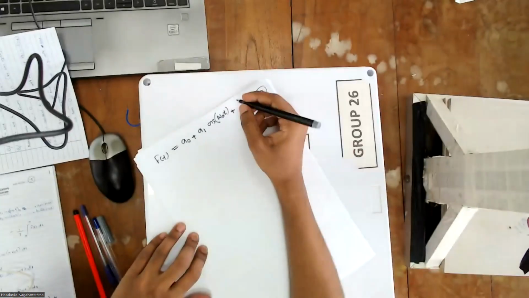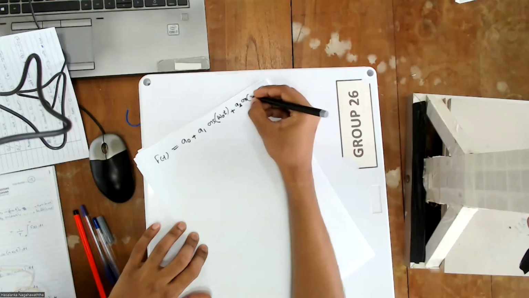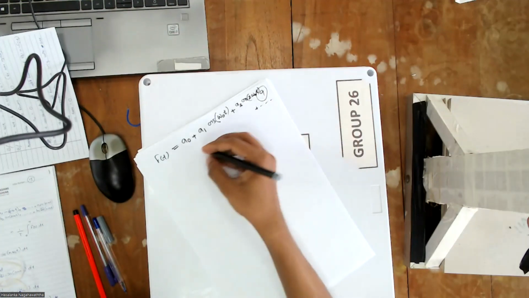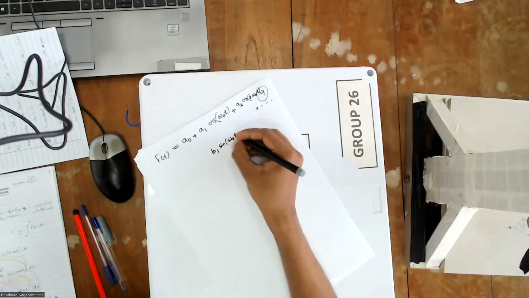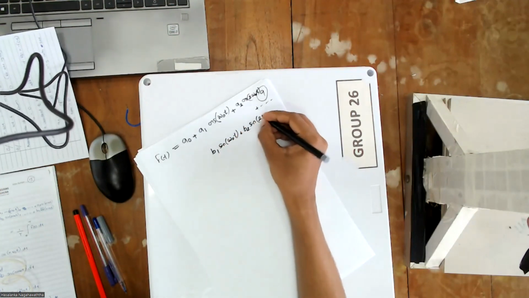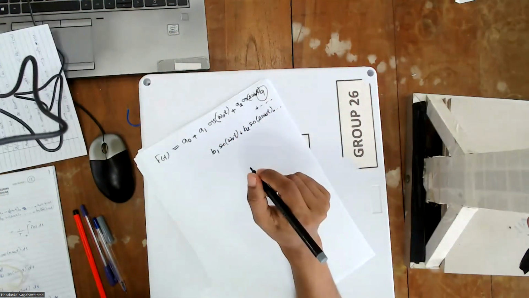A1 cos omega naught t and A2 cos 2 omega naught t, likewise up to n, and then B1 sin omega naught t, then B2 sin 2 omega naught t plus up to n.